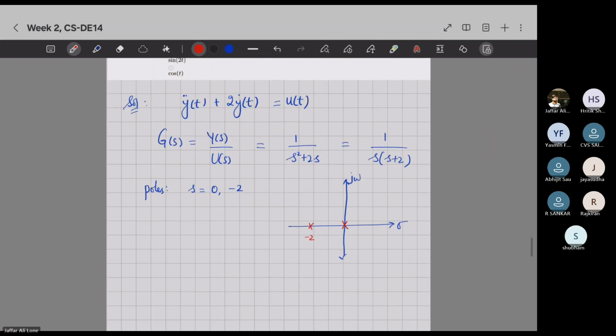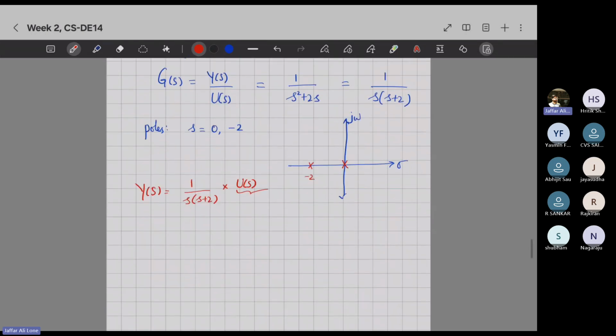Now see, I'll look at the output. My output is 1 divided by s into s plus 2 into U of s. So if you take U of s as a step input, what will you get? You will get 1 divided by s into 1 by s, since step is 1 by s, and s plus 2.